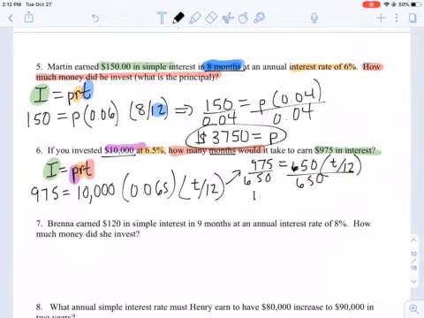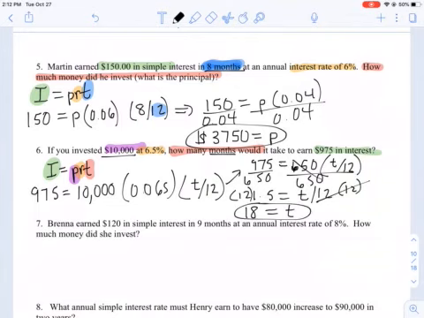So we get 1.5 equals t divided by 12. Multiply both sides by 12 to get t by itself. And we get 18 months for the time. It'll take 18 months. And again, it's kind of the same process, just finding out what you need.